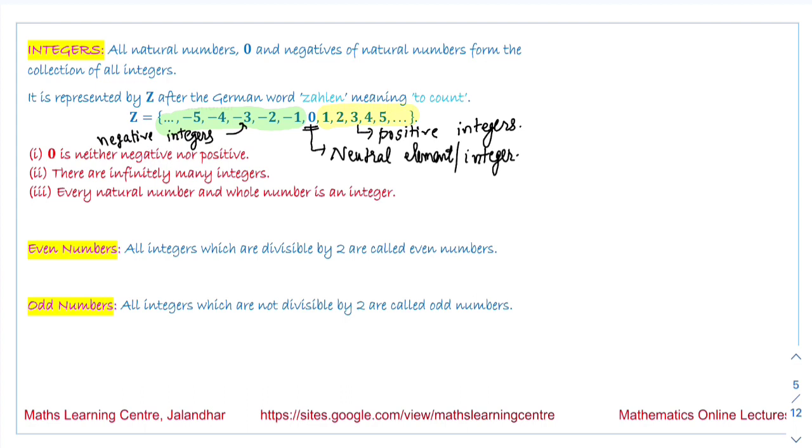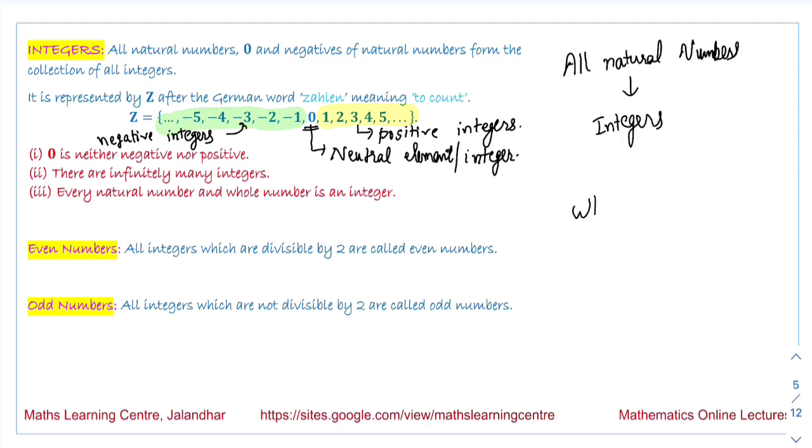So what integer means is, we are taking all the natural numbers 1, 2, 3, 4, 5 and so on. These are positive integers. Then we have negative integers, negative of all these numbers. Then we have the neutral element 0. So what we see from this definition is that all natural numbers are integers.